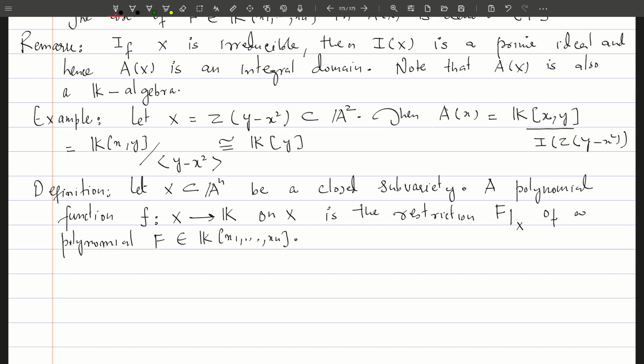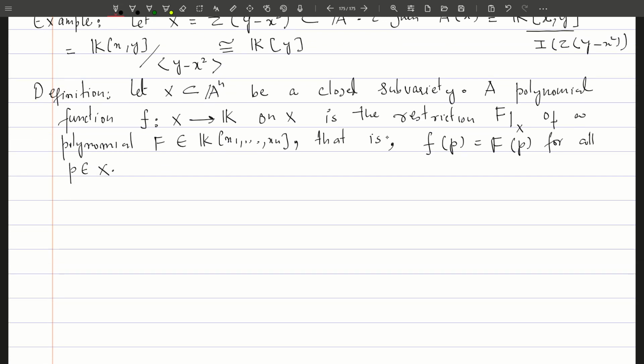That is the same as to say that little f of p is the same as F of p for all points p in X. Then we call this little f a polynomial function.